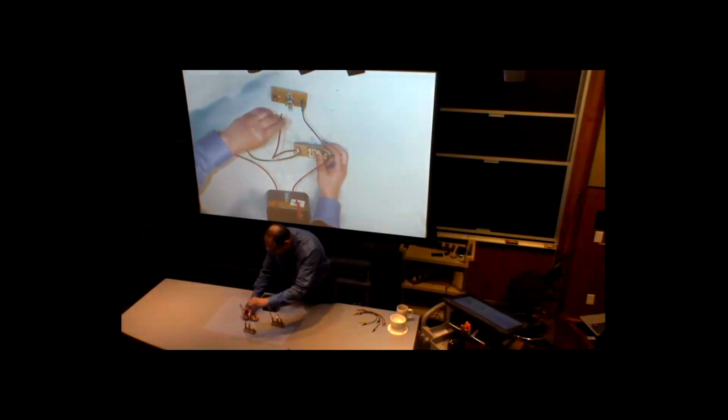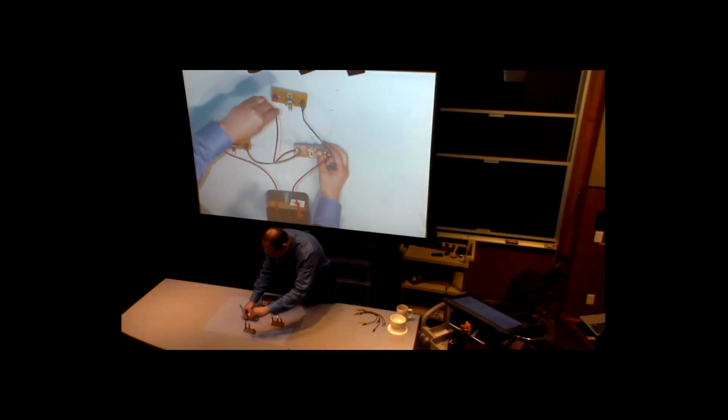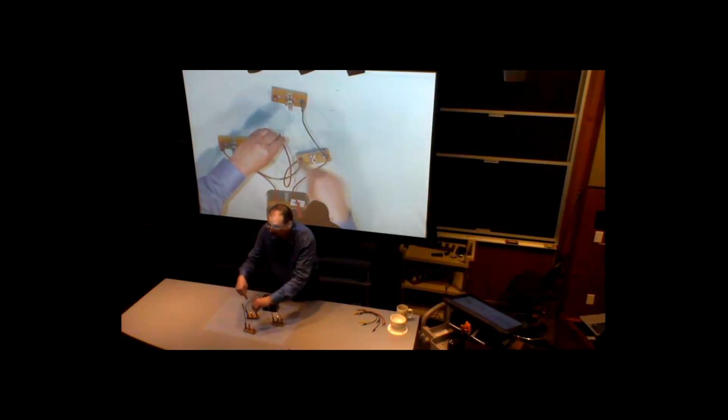Now, what's your expectation? And compare. Well, first of all, if I connect a second resistor in parallel to the first, that should change the resistance of this part of a circuit. How? We know parallel means lower.